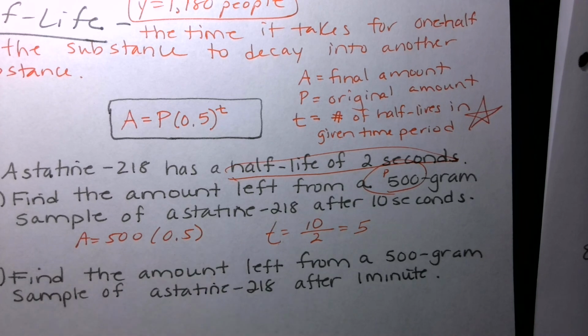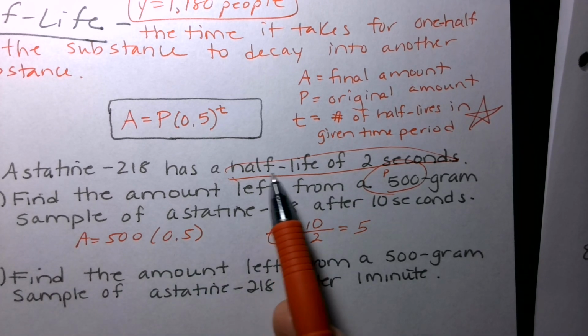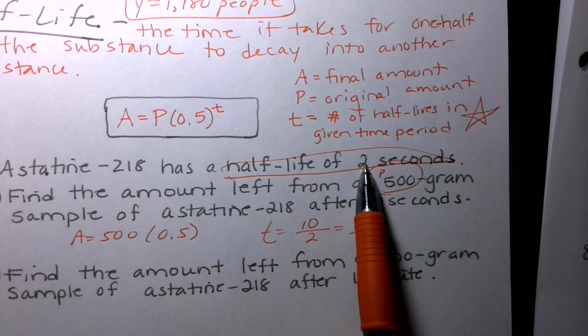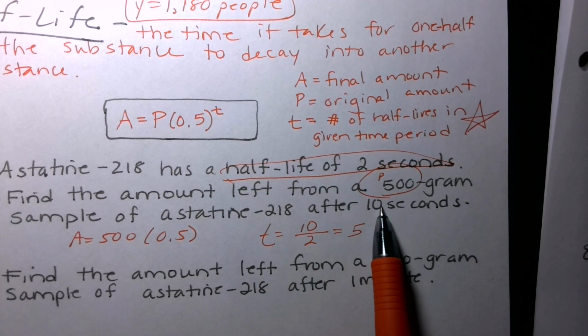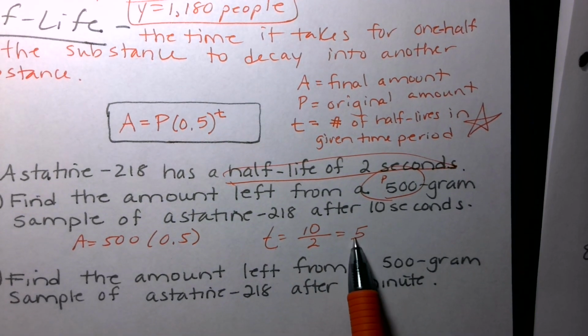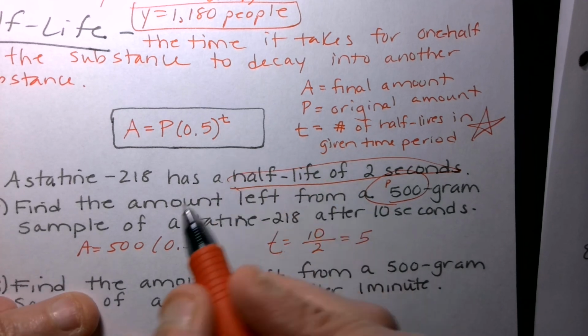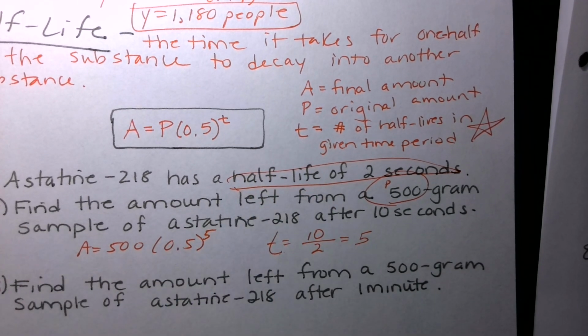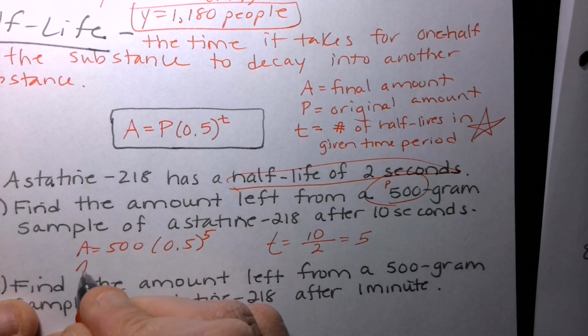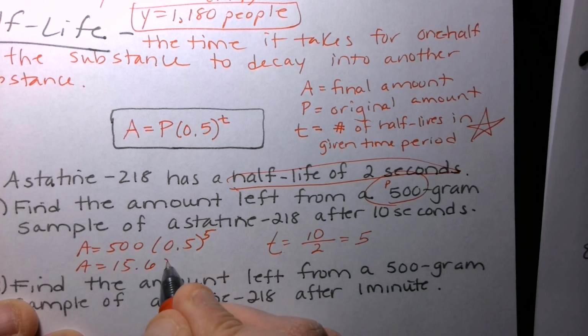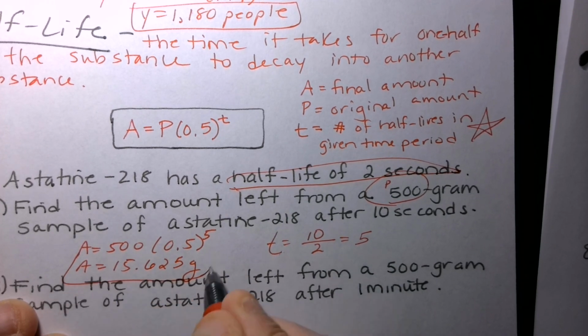Because that will tell you that you actually had 5 half-lives here. Okay, because one half-life was 2 seconds. So in 10 seconds, you would have a total of 5 of those sets. And when you calculate that out, which I already did, it's 15.625 grams.